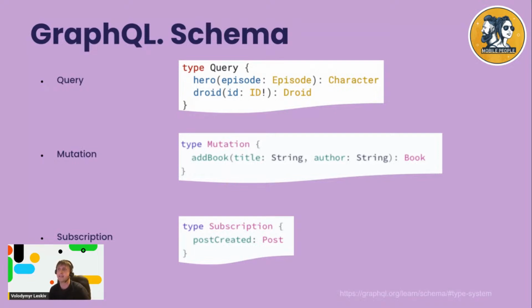Here you can see a postCreated field in the type Subscription. So we can assume that each time some post object is created, you will receive a notification in your application. Pretty handy, as for me.